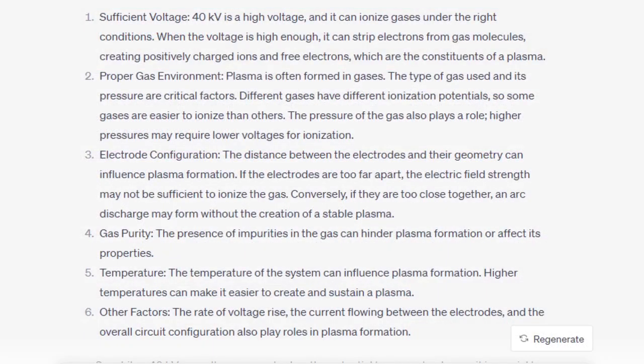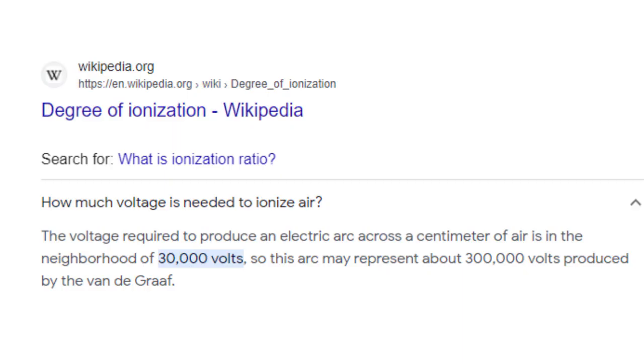When asking ChatGPT whether 40 kilovolts is enough to generate a stream of plasma, this is the answer it gave. How correct this is, that's probably up to somebody who's more experienced in this to determine. First of all, it says 40 kilovolts is a high voltage and can ionize gases under the right conditions.